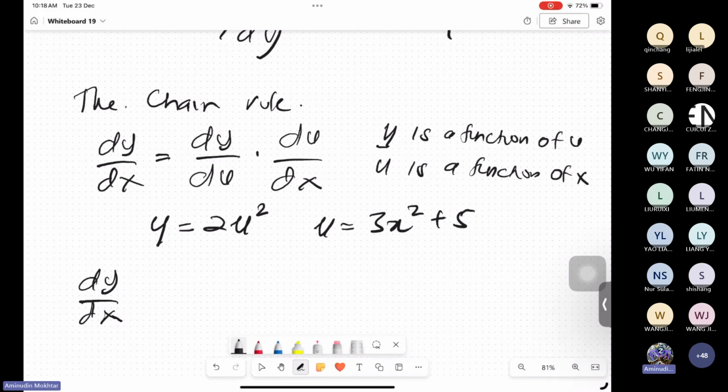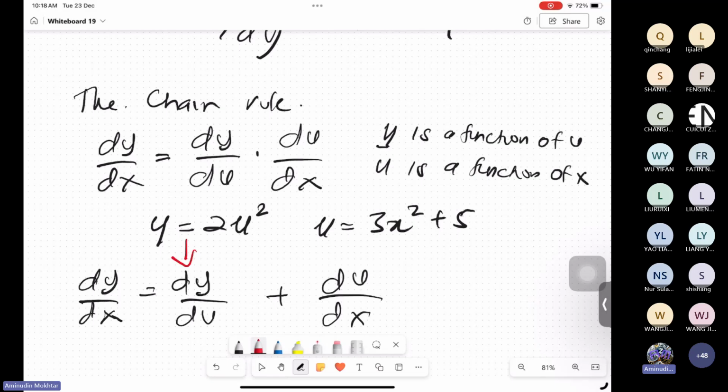To find dy/dx, we can apply the chain rule. This equals dy/du times du/dx. The dy/du comes from the first function and the du/dx comes from the second function.